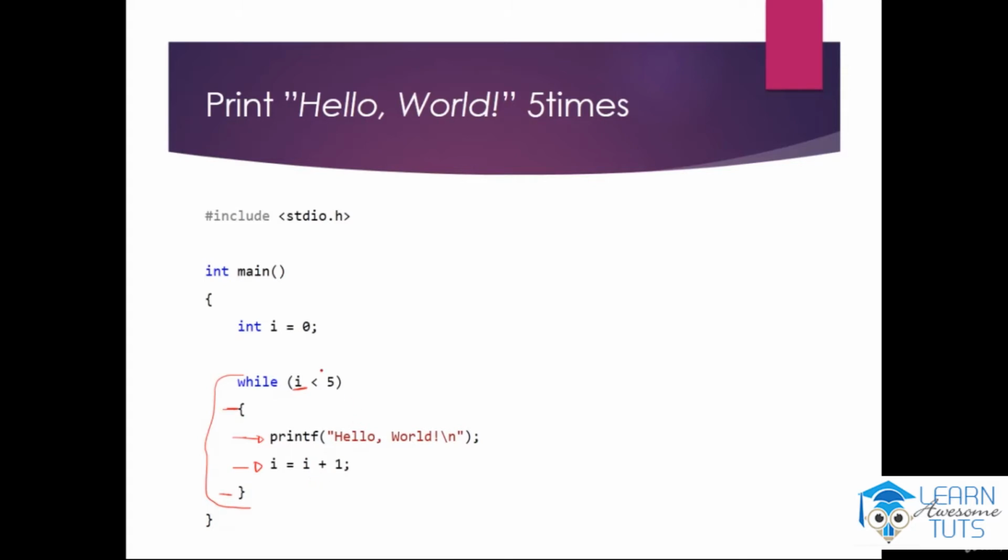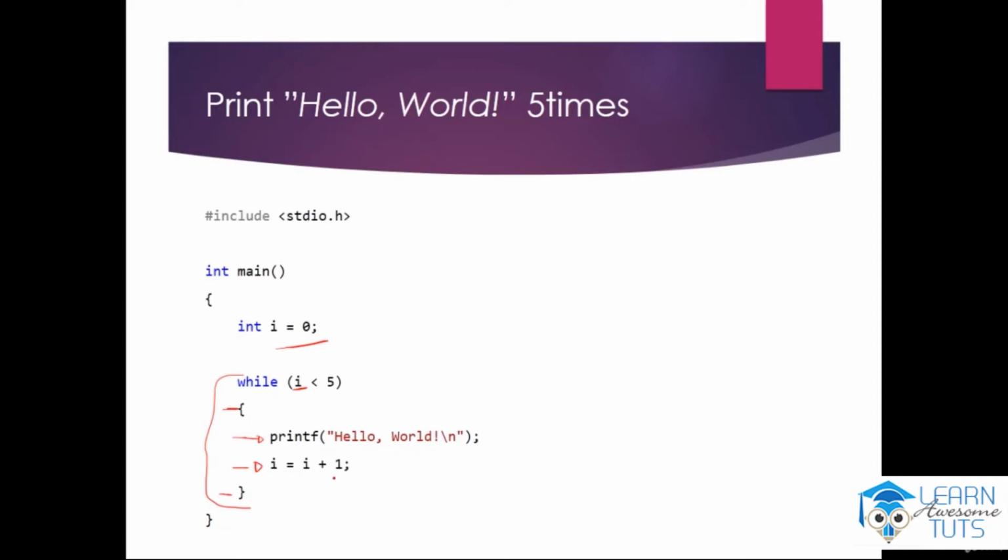So the initial value of variable I is 0, which is less than 5, so it prints the message hello world and changes line, and then it increases the value of variable I by 1, so the new value is 1, which is again less than 5, so it prints again this message.